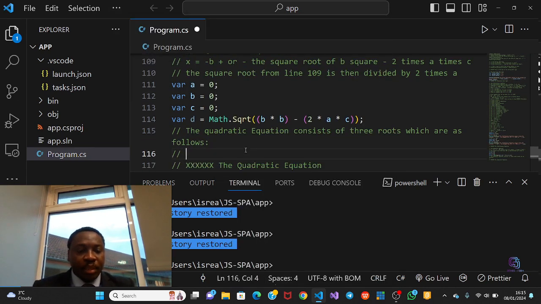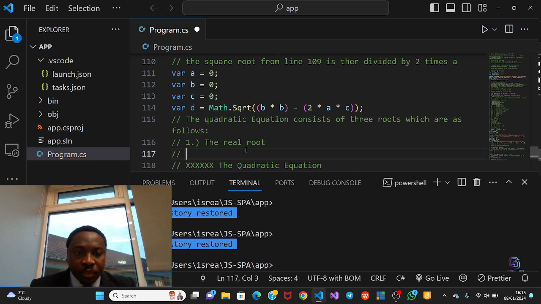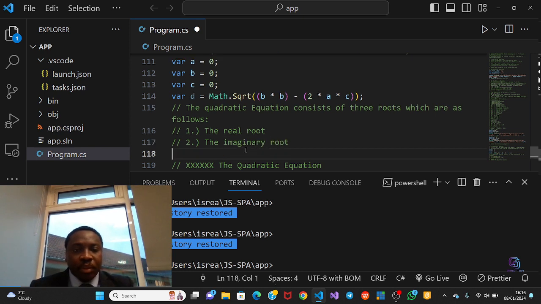Number one, you have the real roots. Number two, we have the imaginary roots. The third one is the unique root. So these are the three roots in quadratic equation.